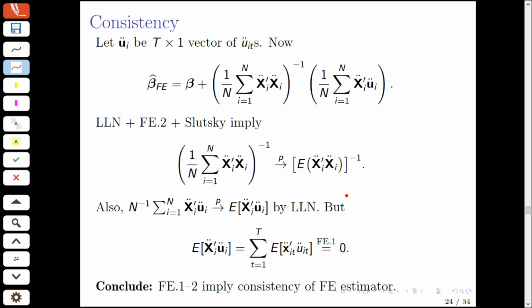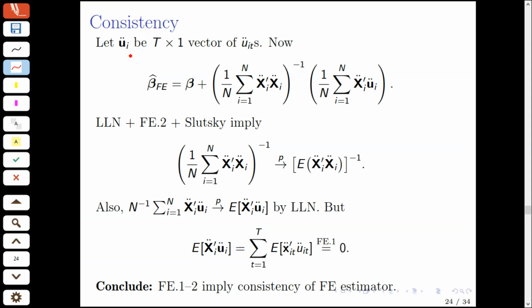With these two assumptions, strict exogeneity as well as a rank condition, we can establish consistency of the fixed effect estimator. The argument runs parallel to the cross-sectional case, but let's just go through the basic building blocks. So let boldface ui with double dots collect the T by 1, the T within transformed uits for a given individual.